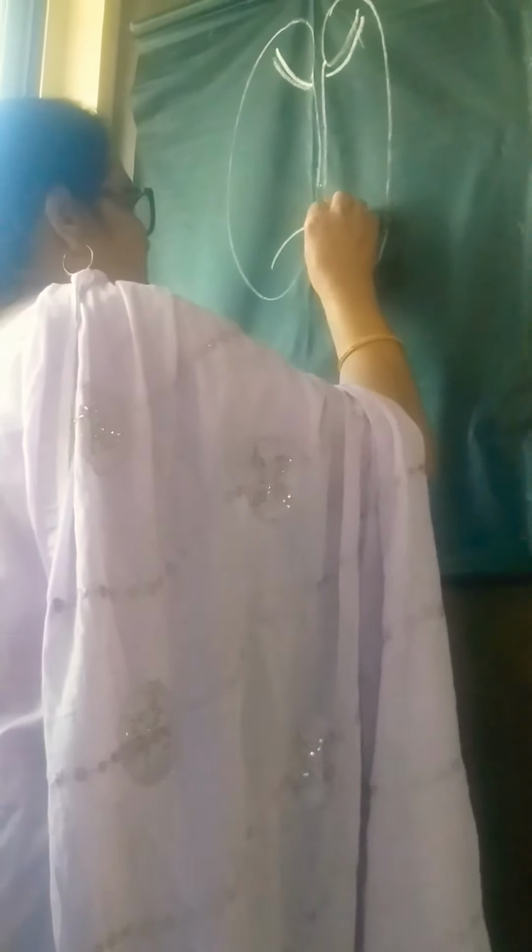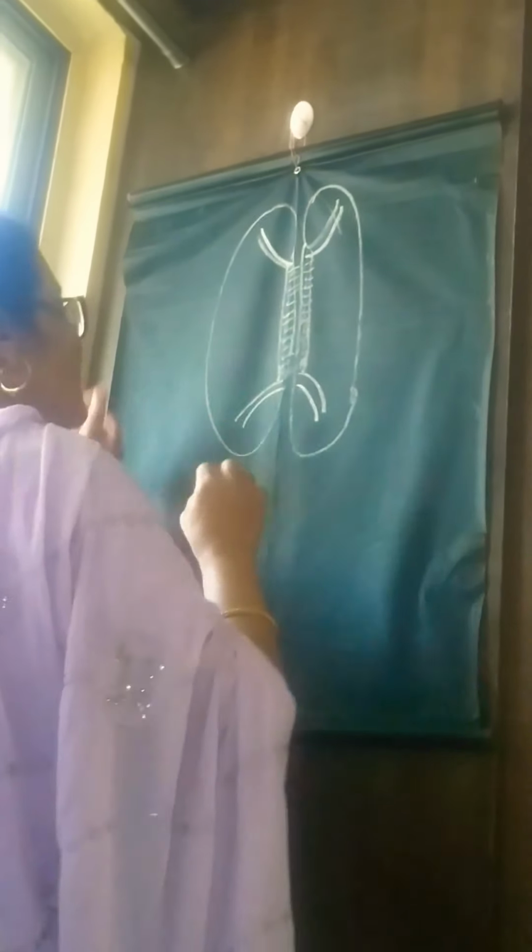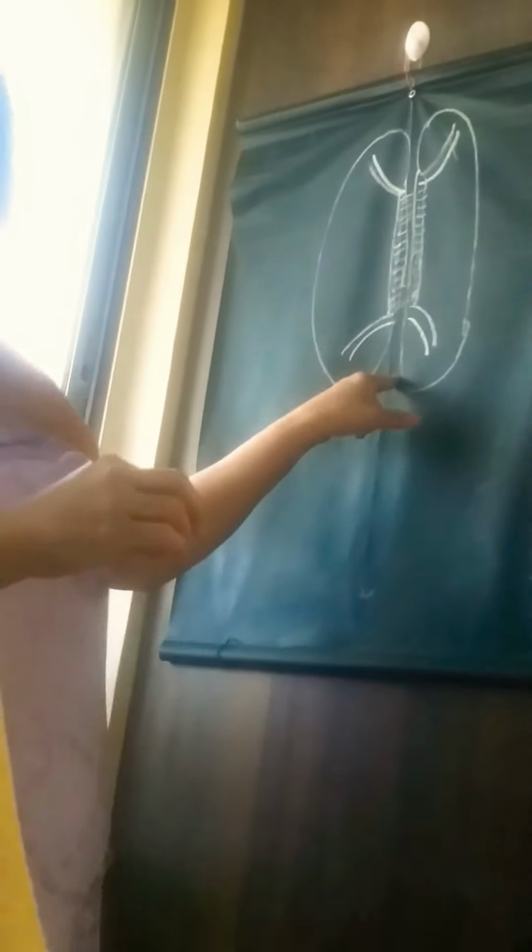Then over here you have the anterior fibers, here you have the posterior fibers, and here in the central part you have the central fibers. And this is the medial fissure, isn't it?